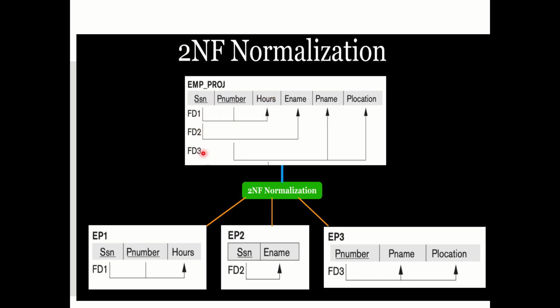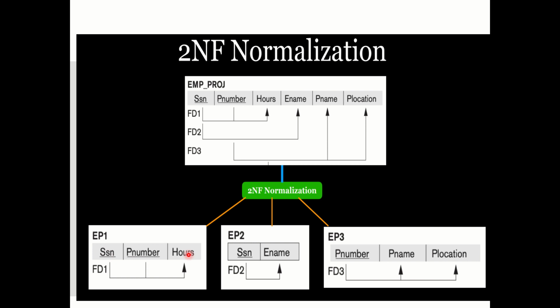Then SSN alone is functionally dependent on ename. Then P number is functionally dependent on the non-keys P name and P location. So these are the three different dependencies: SSN, P number determines hours; SSN determines E name; and P number determines P name and P location.